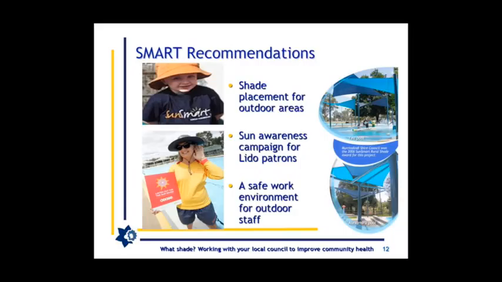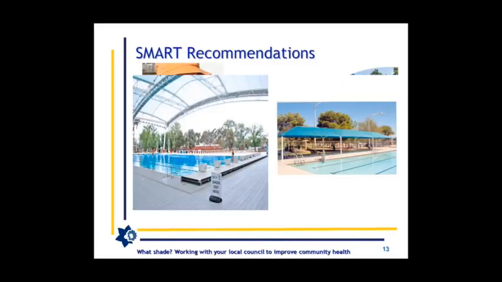So SunSmart recommendations to the council were shade placement for outdoor areas, a sun awareness campaign for the staff, and a safe work environment, which is something I can support the staff in, increasing their level of knowledge, particularly about not only prevention but also early detection.